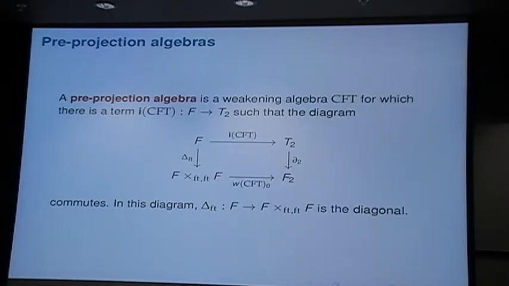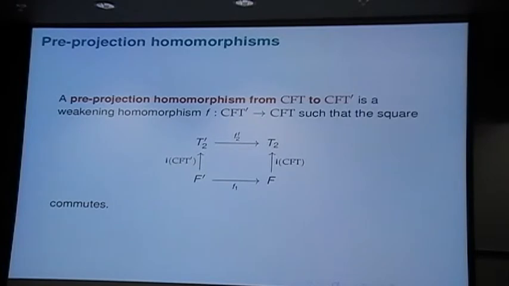Then you weaken this thing, and that's the type of unit. Okay, so that's just a commutative diagram. Then a pre-projection homomorphism is one that preserves the I, so this diagram has to commute.